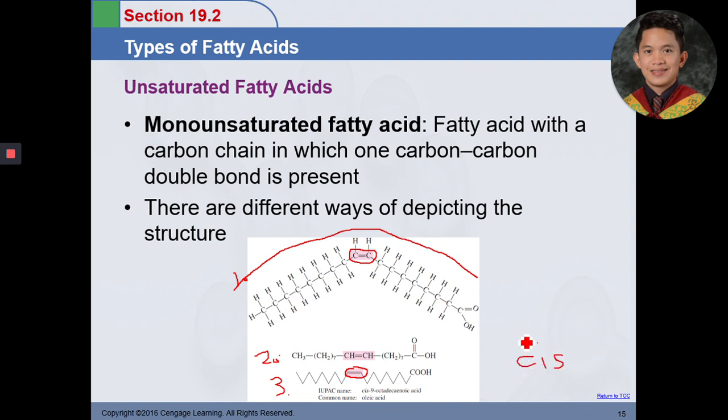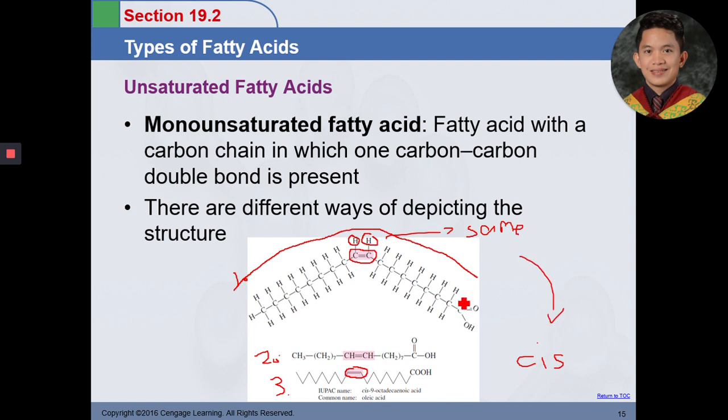The cis notation there is because of the hydrogen atoms attached to your carbons connected using a double bond. As you can see, both of them are on the same side of the chain.